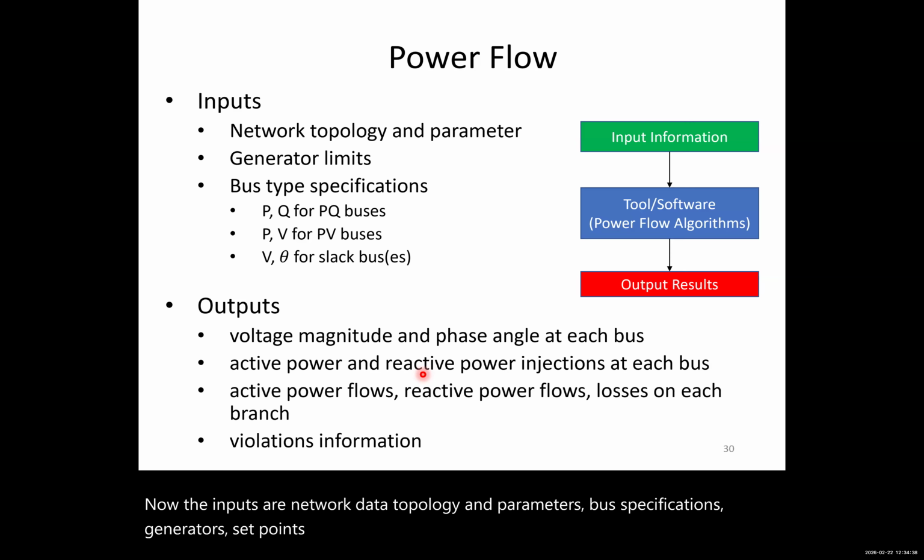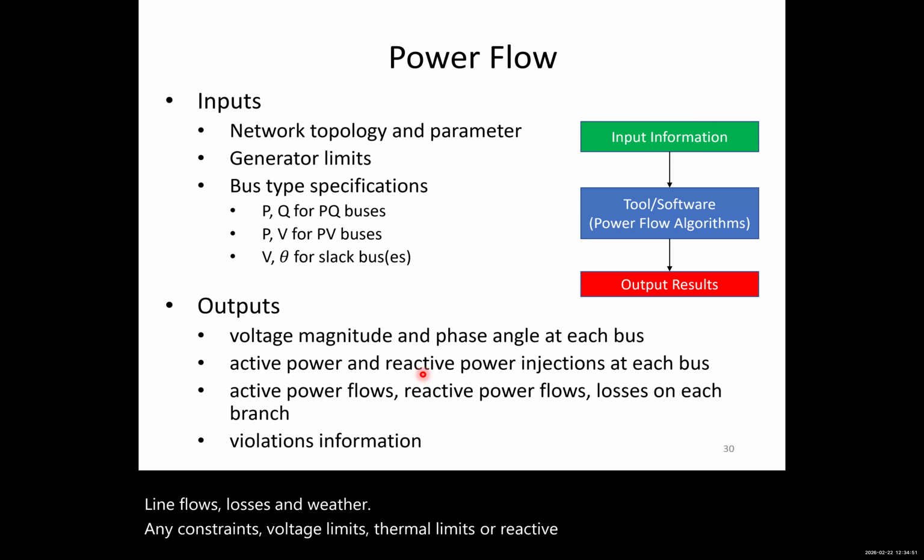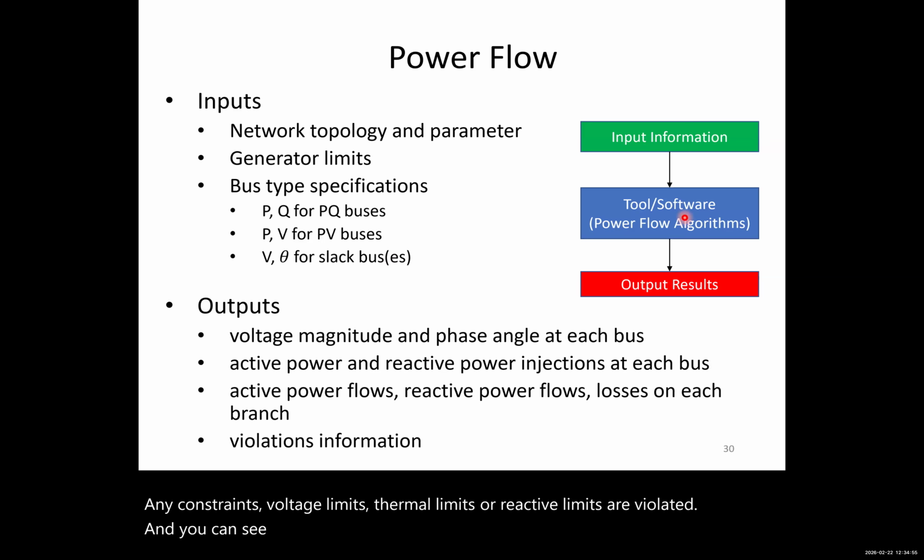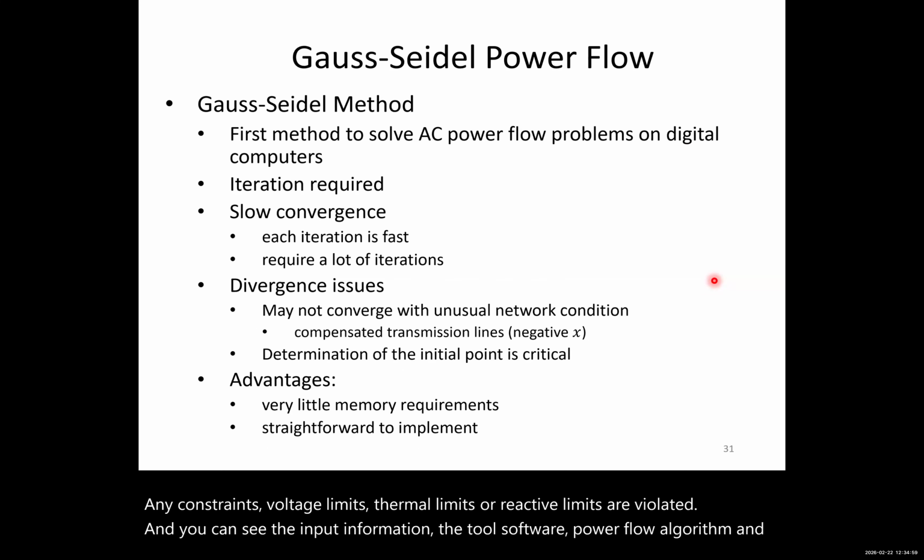Outputs are bus voltages and angles, line flows, losses, and whether any constraints, voltage limits, thermal limits, or reactive limits are violated. And you can see the input information, the tool software power flow algorithm, and the output results.